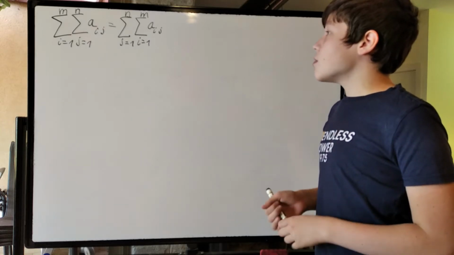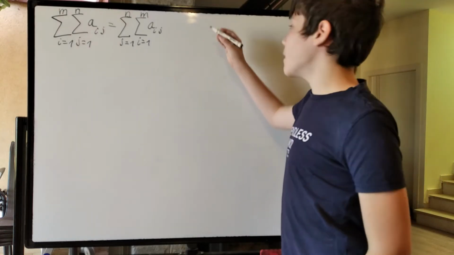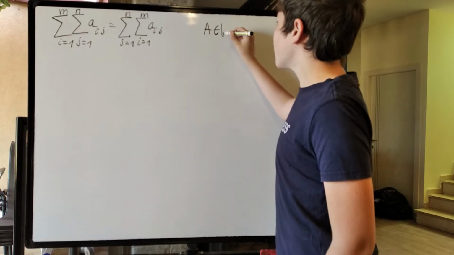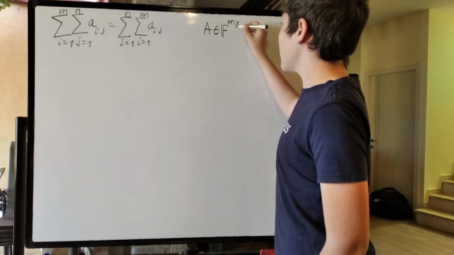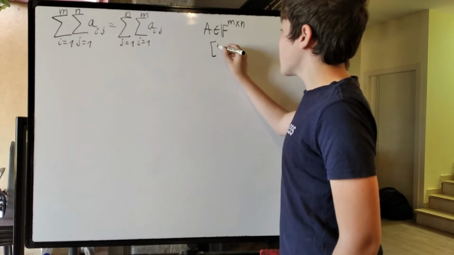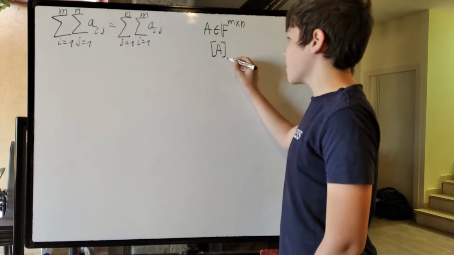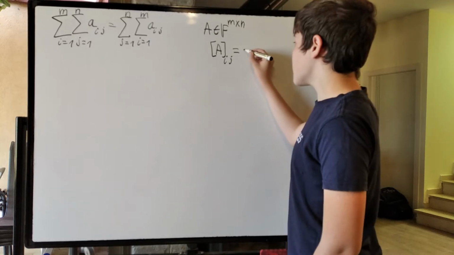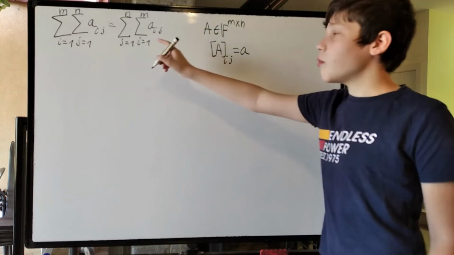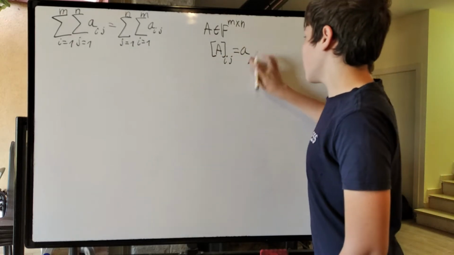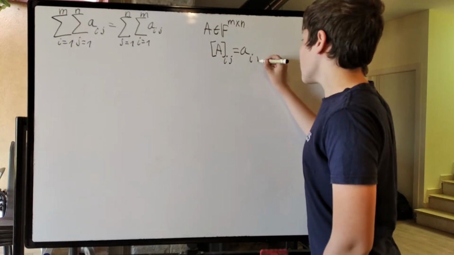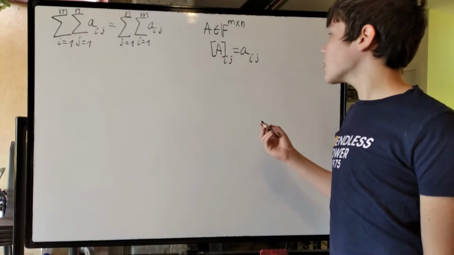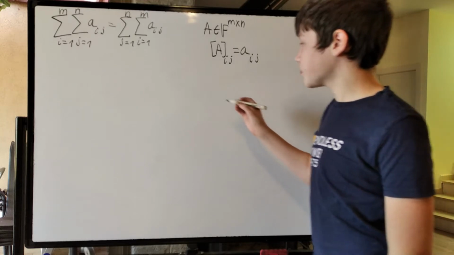The first thing we're going to do is set a matrix A of size m by n, such that the term in the matrix A in row I, column J, is the same as what we have in this term, A I J. So now let's actually look at our matrix.